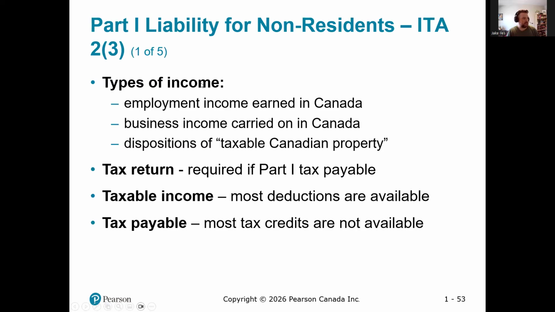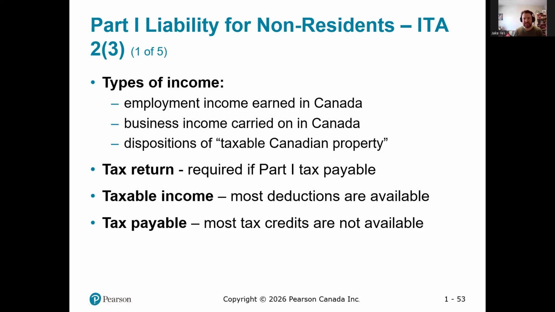Types of income we're concerned about is usually employment income, business income, or dispositions. This is for non-residents. Remember, their Canadian income is what's taxed. They will have to file a tax return. And when computing their taxable income, most deductions are available to them.